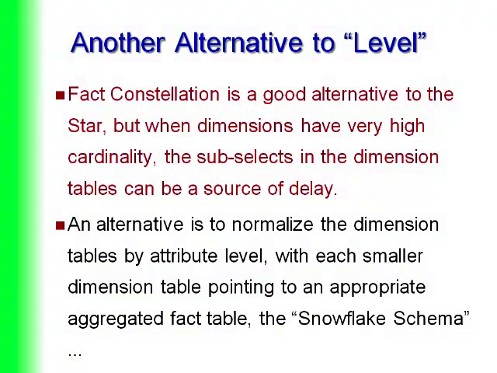Another alternative to level indicator is to normalize the dimension tables by attribute level, with each smaller dimension table pointing to an appropriate aggregated fact table, which results in the third kind of schema model called Snowflake schema.